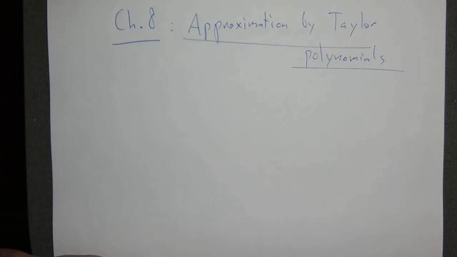Polynomials are kind of like the nicest sort of thing that you can hope to study from a function standpoint. And so the question is, what happens when you want to do some kind of analysis of your function, but your function is not a polynomial?